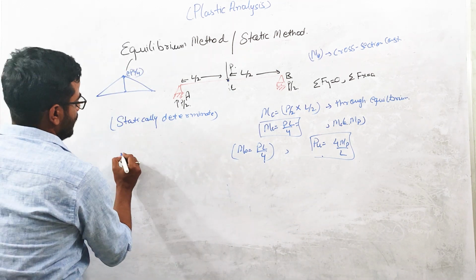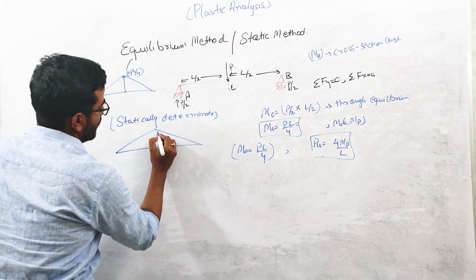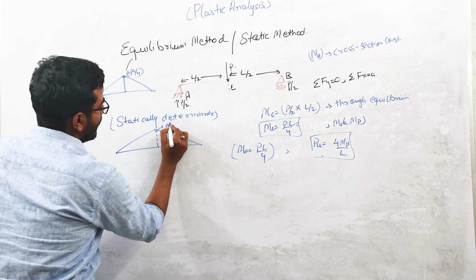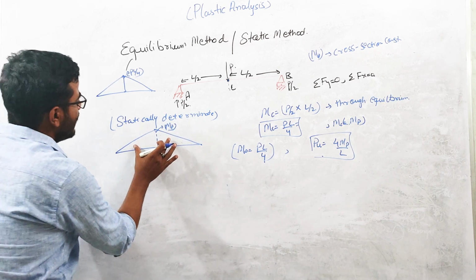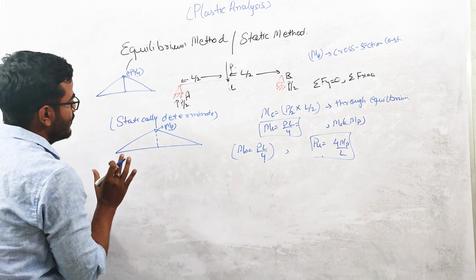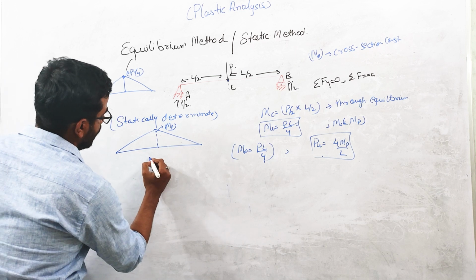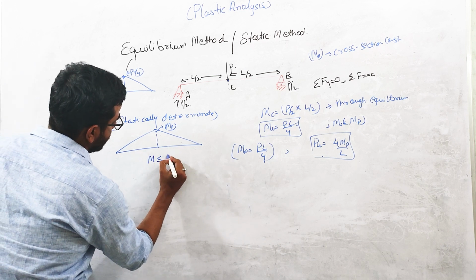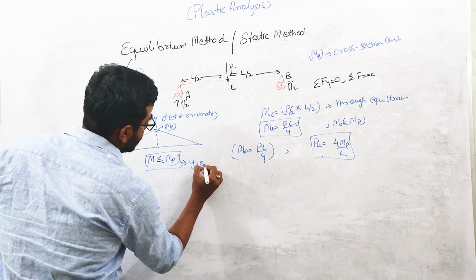The bending moment diagram will look like this. Here the moment is MP. If you look at this diagram, anywhere in this beam the moment is not crossing the MP value, so M is always less than MP. So the yield condition is also satisfied.